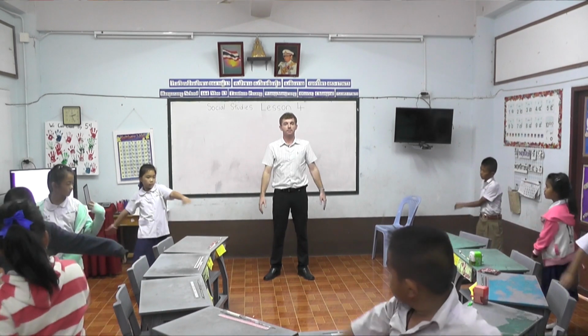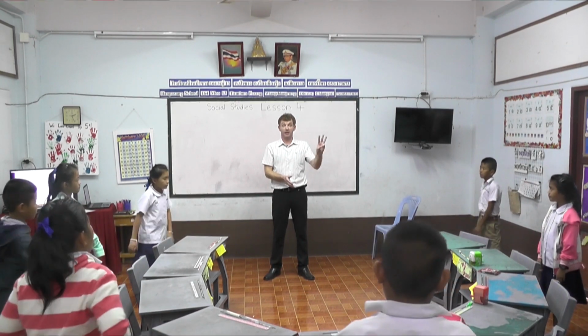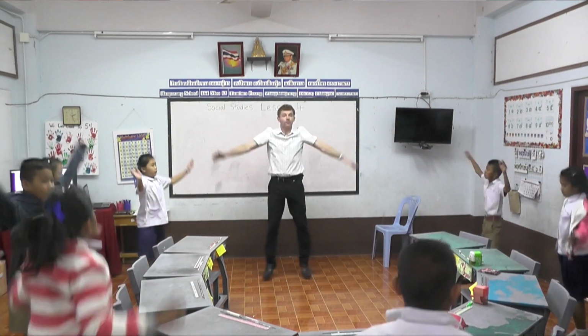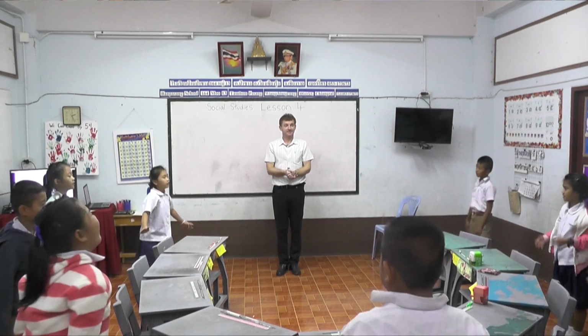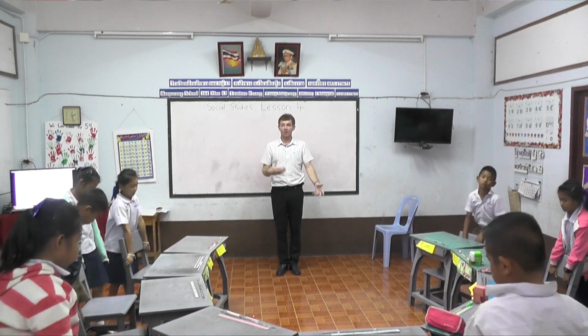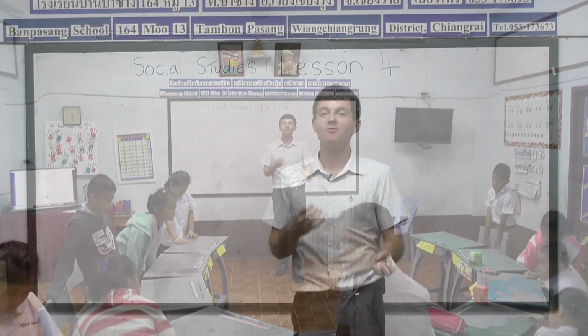And now back to the middle. We'll finish with 3 star jumps. 1, 2, 3. Excellent, guys. Now you can sit down. Now we're all meditated and exercised, ready for our lesson.